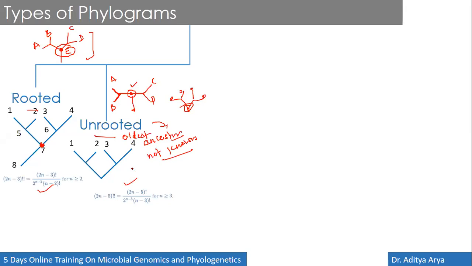I'm not going into a lot of mathematics here. You can go through standard textbooks and find that if there are 3 taxons, there will be 3 rooted trees and 1 unrooted tree. If there are 4 taxons, there will be 15 rooted trees and 3 unrooted trees.